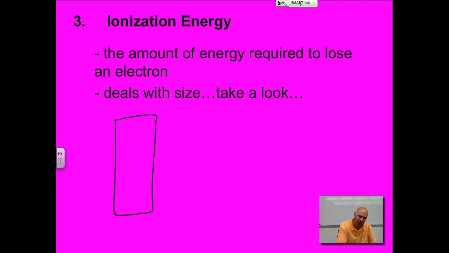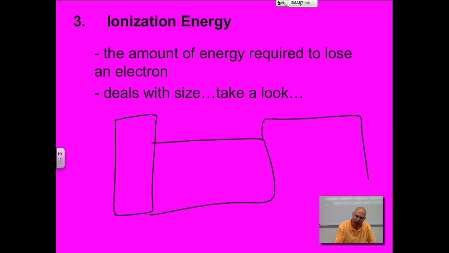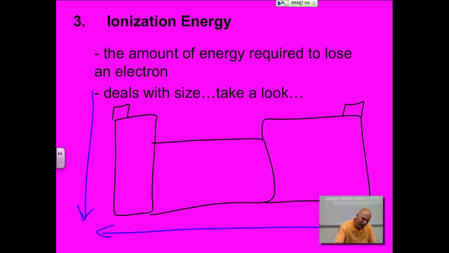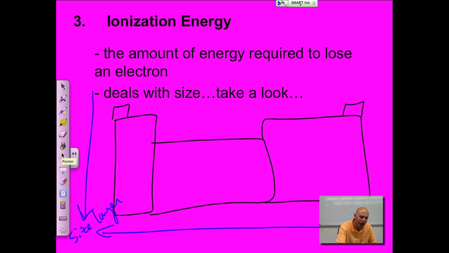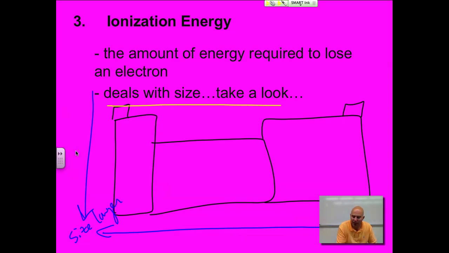So here's my periodic table again. I'll just draw it very general. If size gets larger going down and to the left, then ionization energy is going to be the exact opposite, up and to the right, large ionization energies. Because they're smaller, they're being held a little more tightly.